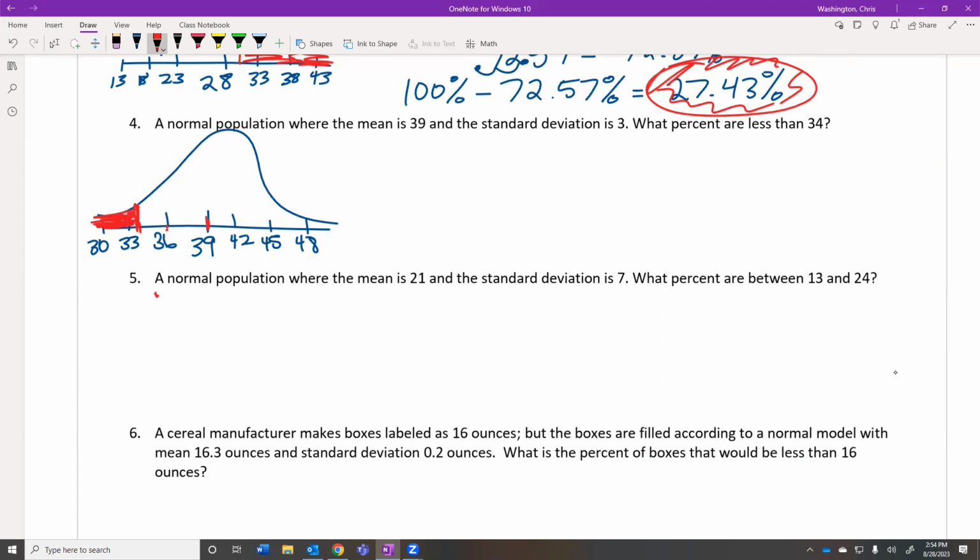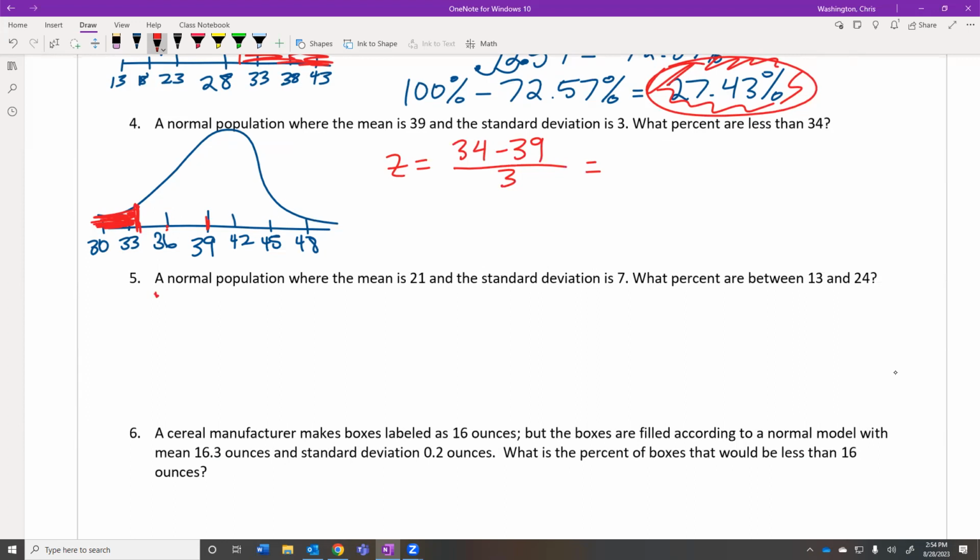So this number should be really close to -2. Less than -2, but really close. Somewhere between -1 and -2, but closer to -2. So z equals the number in question, 34, minus the average, divided by the standard deviation.